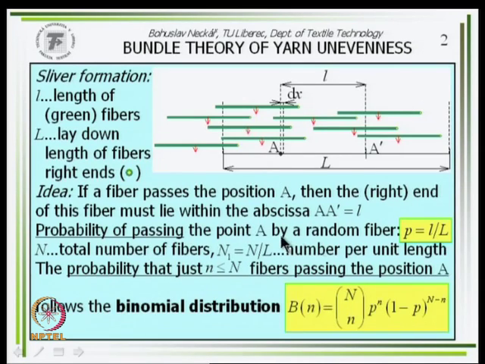The probability of passing the point A by a random fiber, it's evident, is small l by capital L. Why is it so? Because it is possible to lay the fiber in the interval from A to A dash, and we can be sure that our fiber, which we gave inside of the length capital L, must lie in the length capital L. So the probability here is small l by capital L. Capital N is the total number of fibers which we gave to our length capital L. We call N1 the average number per unit length.